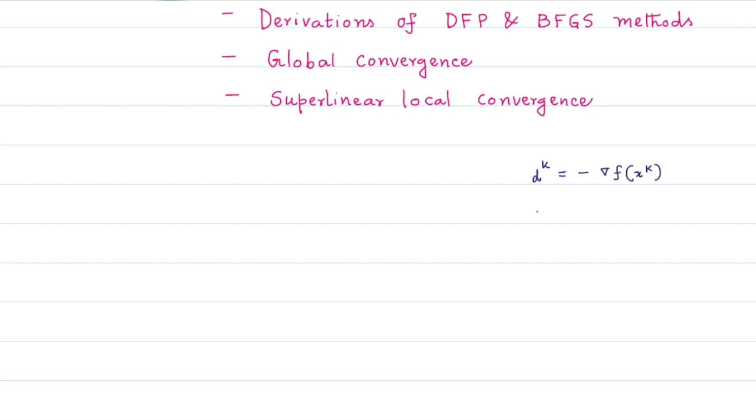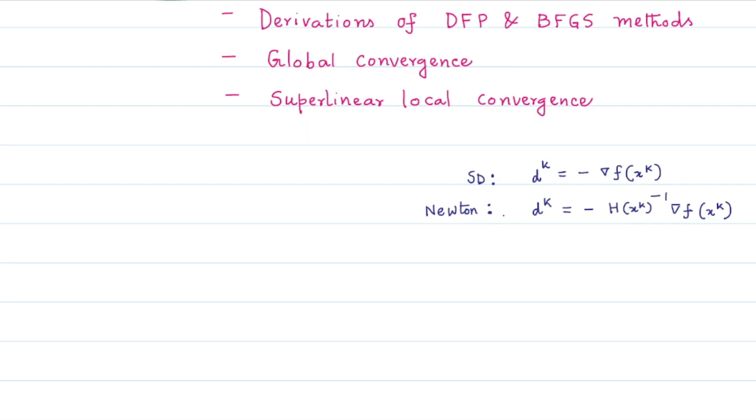And in Newton's method, we consider the direction of movement to be negative Hessian inverse times the gradient of the function. And we have seen that the steepest descent method has linear rate of convergence and Newton's method has quadratic rate of convergence.